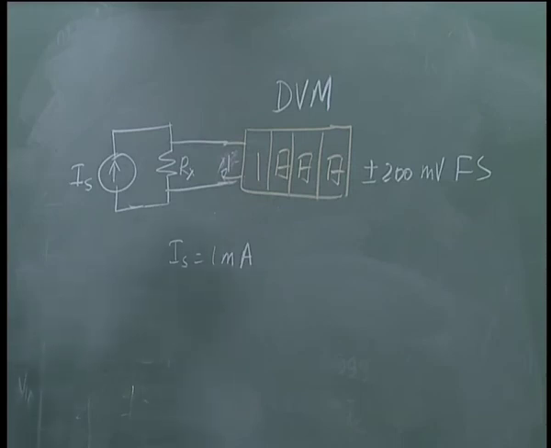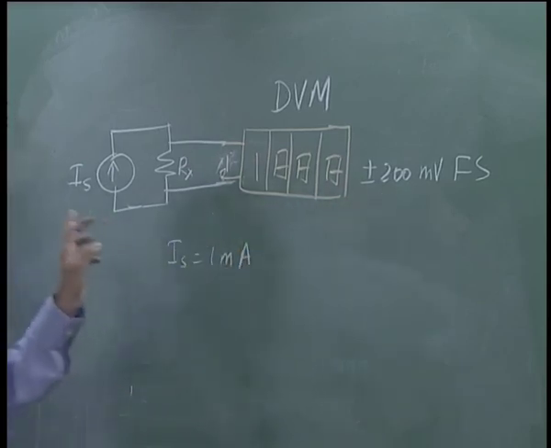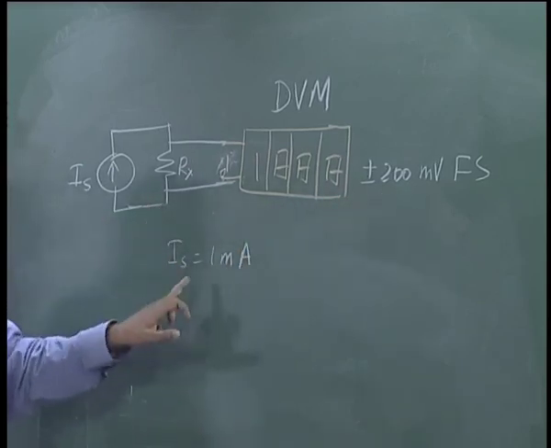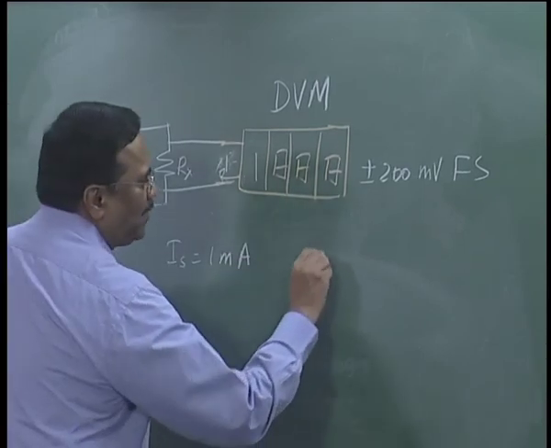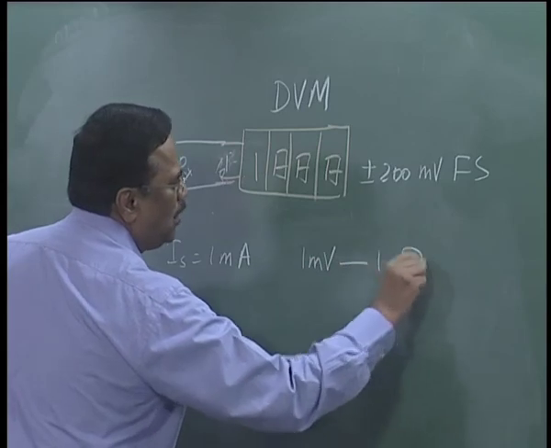So if Rx is equal to 1 ohm, what will be the voltage across Rx? 1 millivolt. So if I read 1 millivolt on my 200 millivolts full scale, then I know in this situation Rx is equal to 1 ohm, right. So if 1 millivolt is read, it is 1 ohm.